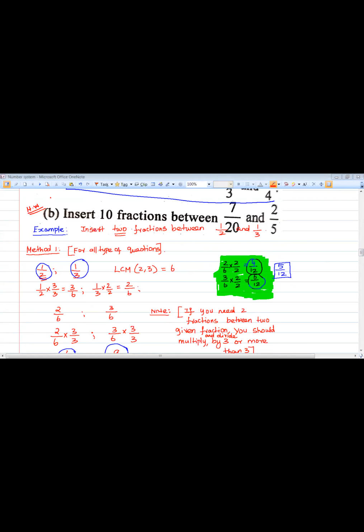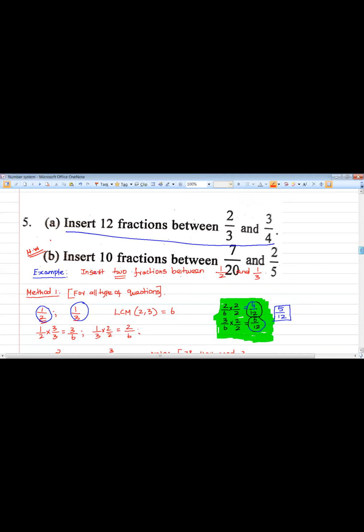Insert 10 fractions between 7 by 20 and 2 by 5. I am going to explain insert 12 fractions between 2 by 3 and 3 by 4.